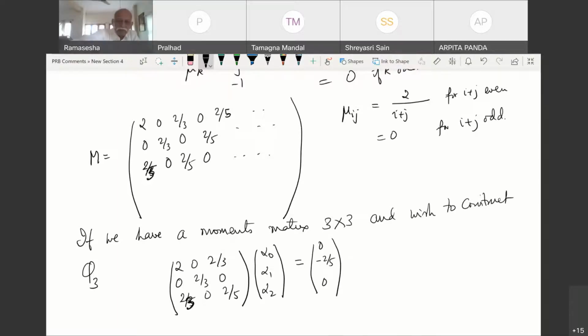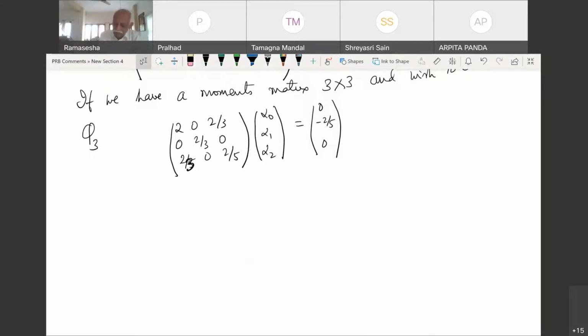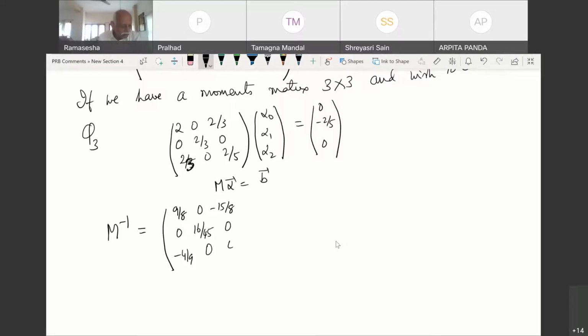I have worked out the inverse as follows. So this is M alpha equal to b. M inverse is 9 by 8, 0, minus 16 by 8, then I have 0, 60 by 45, 0, and then I have minus 4 by 9, 0, 4 by 3, 0, minus 2 by 5, 0.